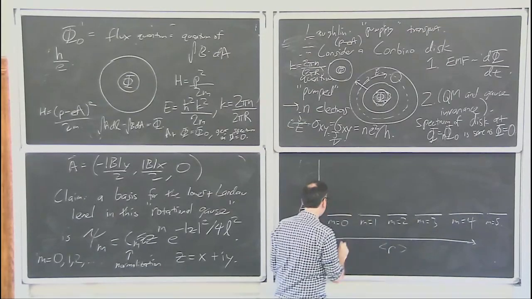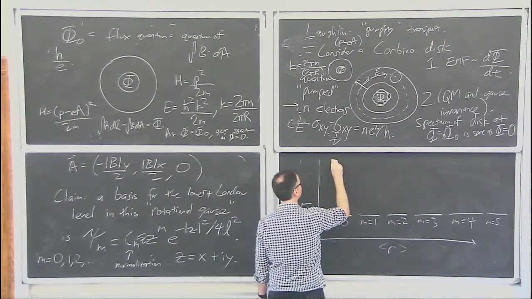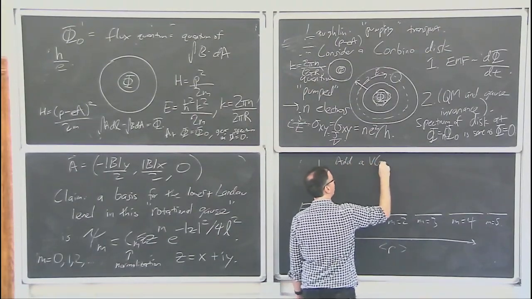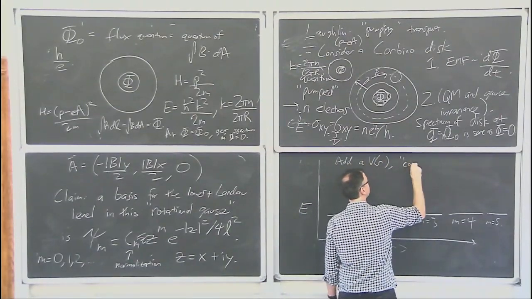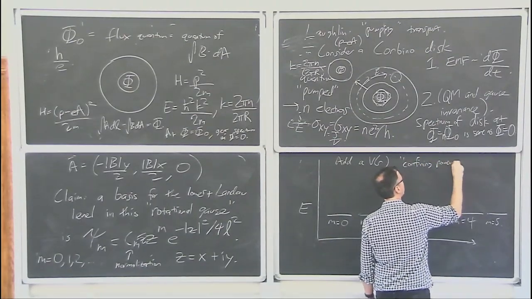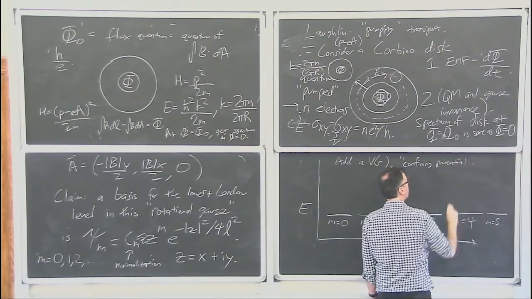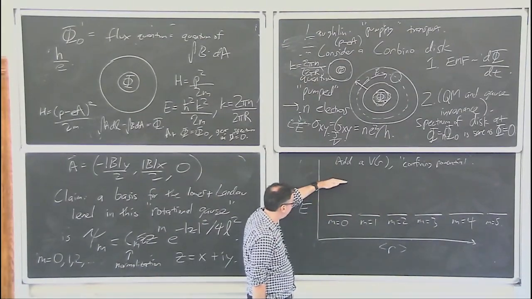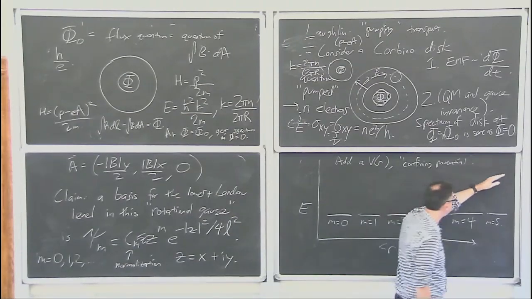So let's say I add some V of R, which we call confining potential. Okay, well, we'd expect that that is large here, large at the origin, and it's large far off.